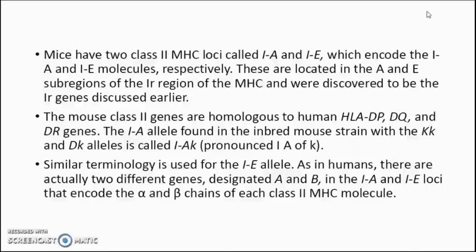The mouse class 2 genes are homologous to human HLA-DP, DQ, and DR genes. The IA allele found in the inbred mouse strain with the K of k and D of k alleles is called IA of k. Similar terminology is used for the IE alleles as in humans. There are actually two different genes designated A and B in the IA and IE loci that encode the alpha and beta chains of each class 2 MHC molecule.